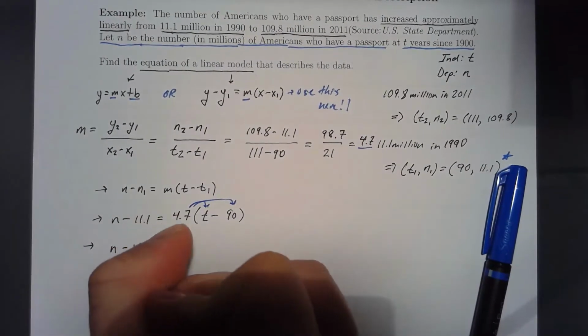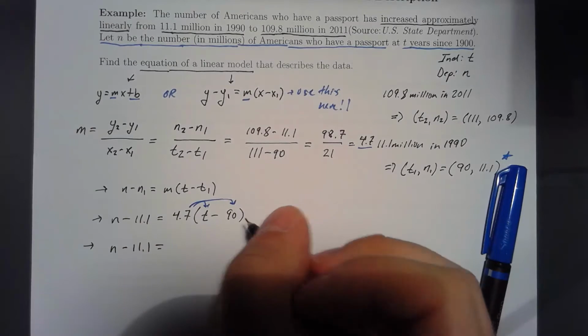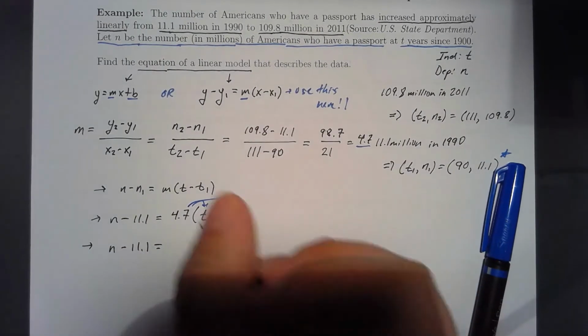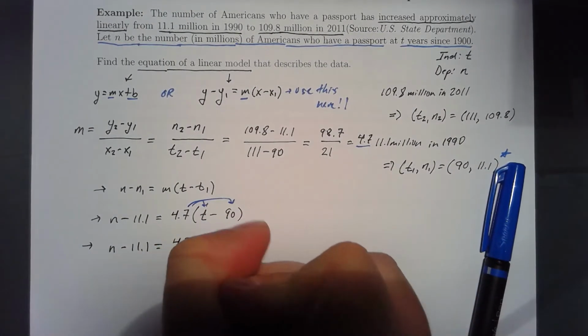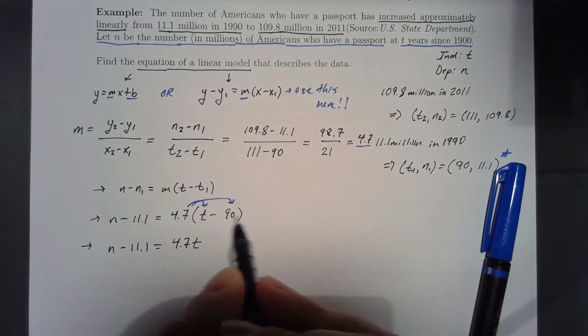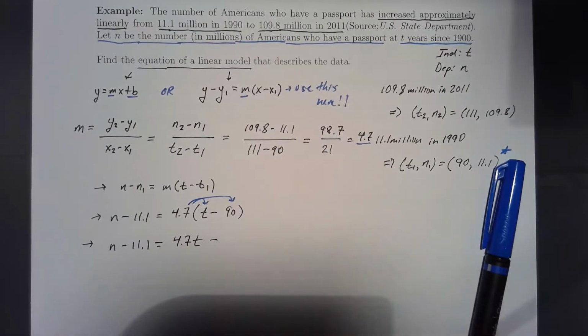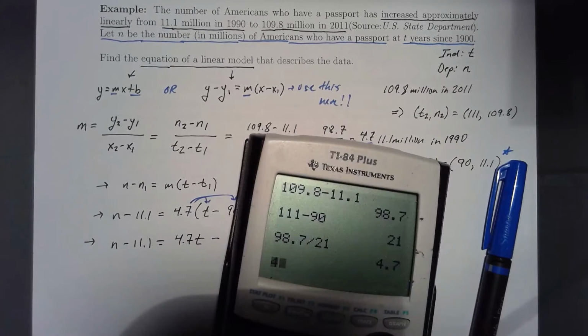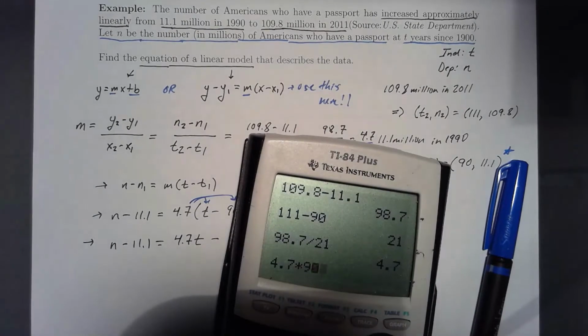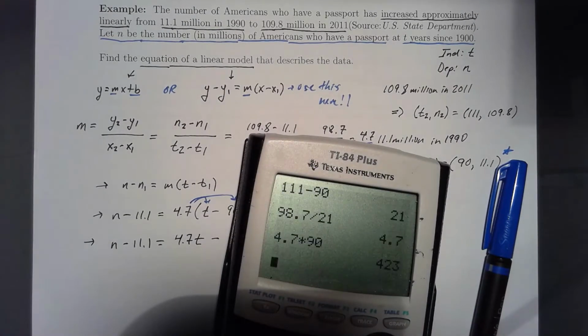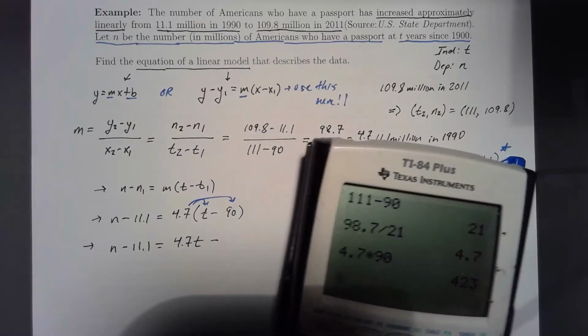So n minus 11.1 equals 4.7t, minus, 4.7 times 90. Calculator time: 4.7 times 90 gives me 423.